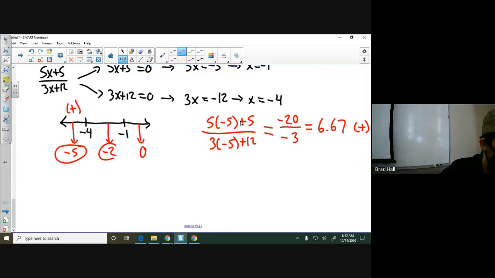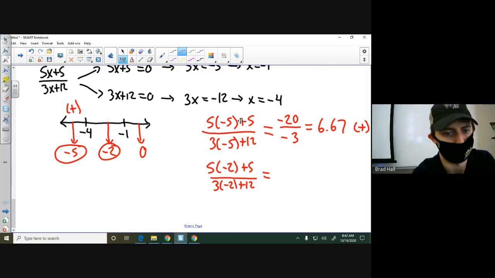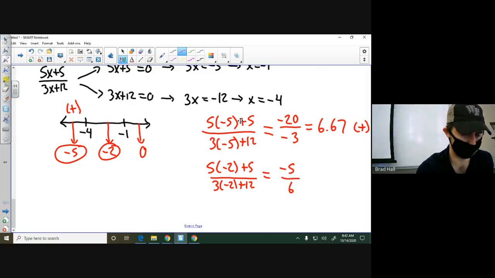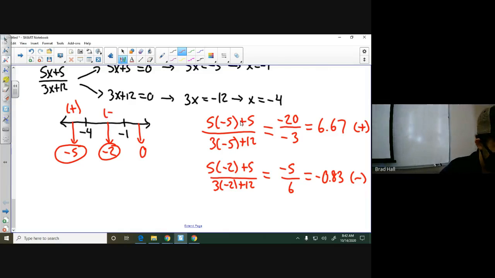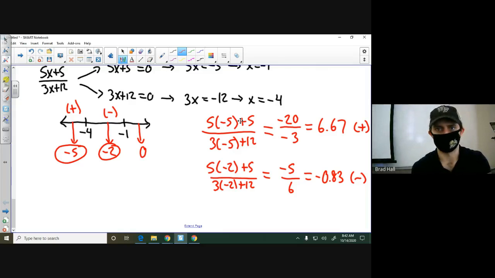And so we can do the same thing for -2. So what is that? That's -5, 6. So here we get a negative number, which tells us that on the part of the graph in between -4 and -1, everything's going to be below the x-axis.